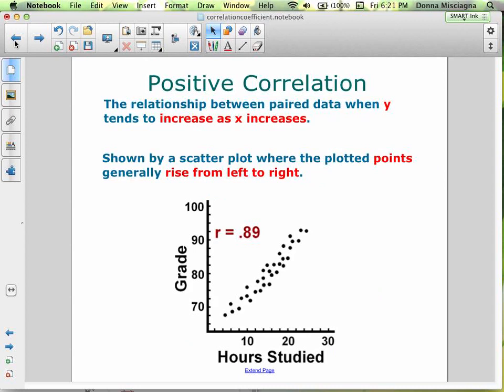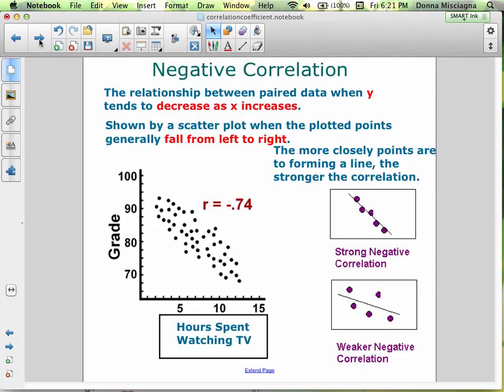With the positive correlation, your grade tends to increase as the hours studied increases. Those are positively correlated. The more you study, the higher your grades tend to be. Here we have a negative correlation because the more hours you spend watching TV, the more your grade tends to decrease.